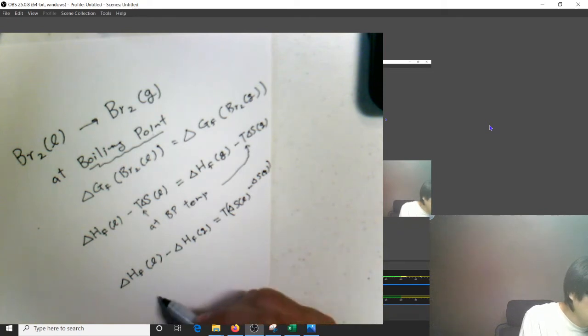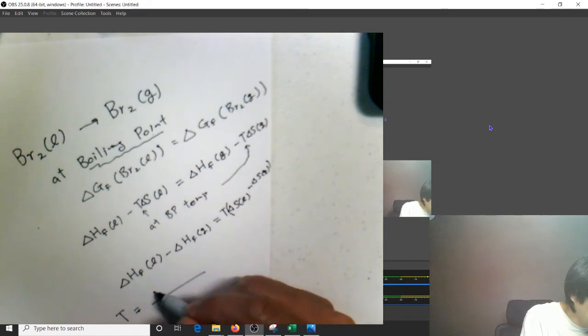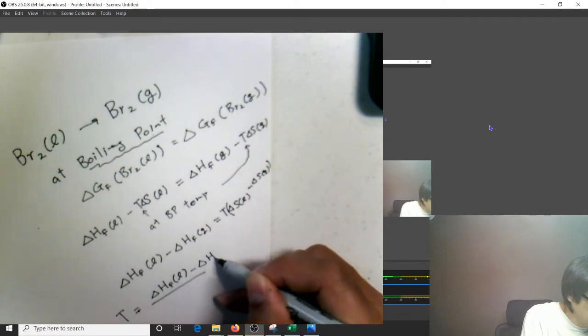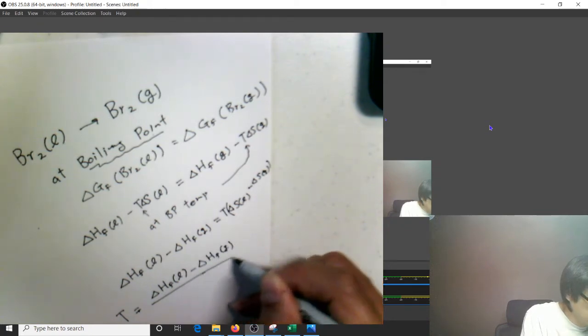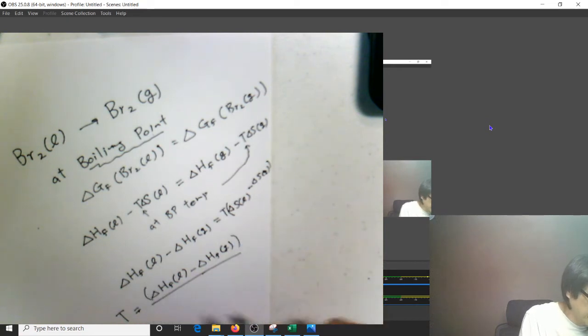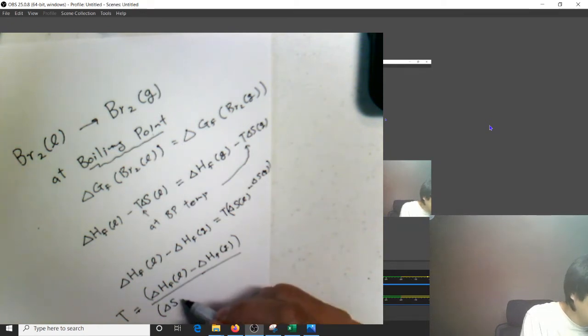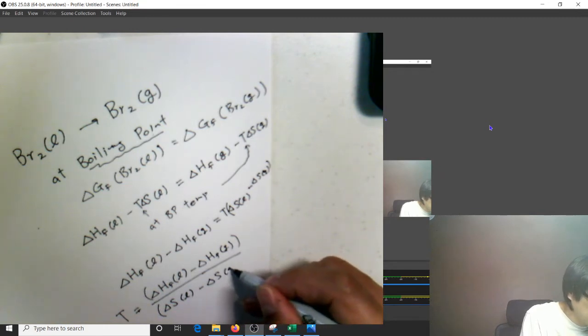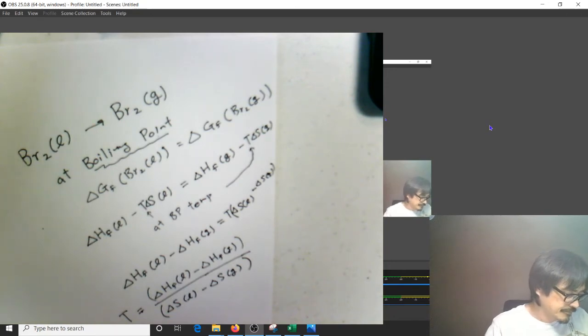Then T is given by delta H of formation of liquid minus delta H of formation of gas, divided by delta S of liquid minus delta S of the gas. I think I did it correctly.